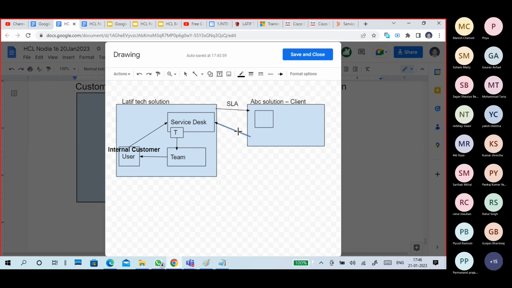The service desk again understands the client requirements, creates a ticket accordingly, and forwards this ticket to the team.